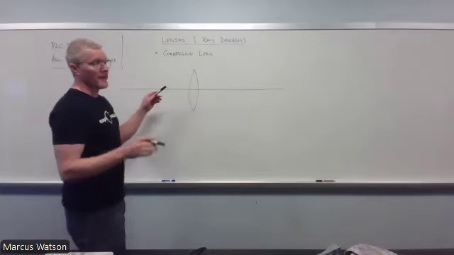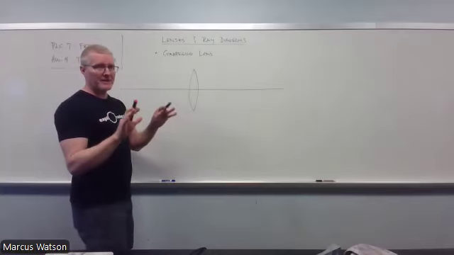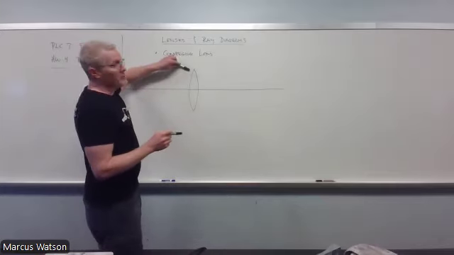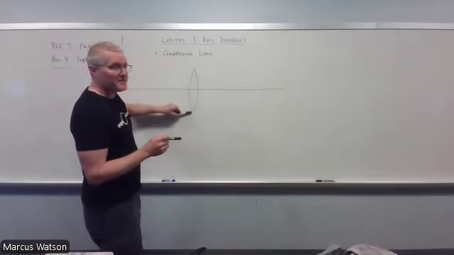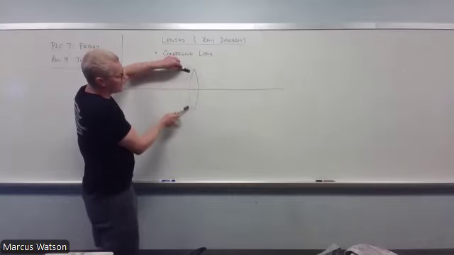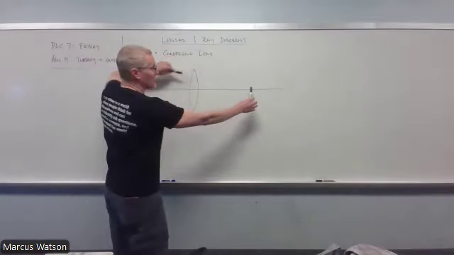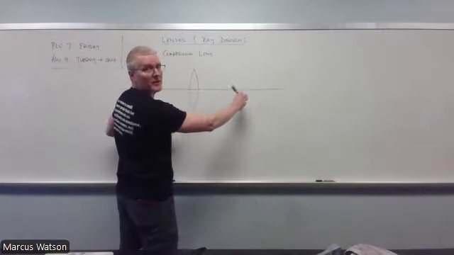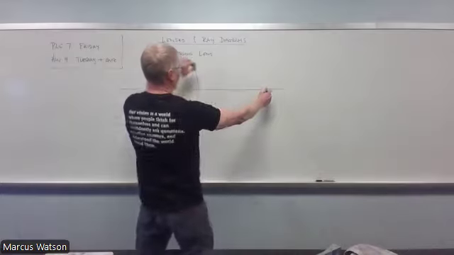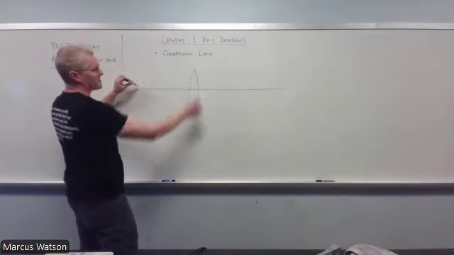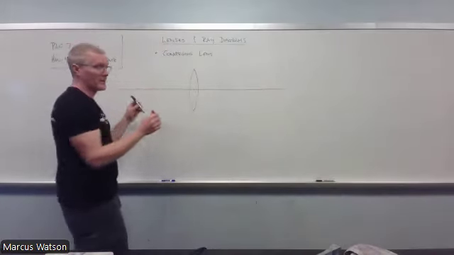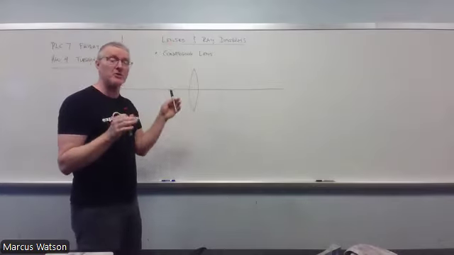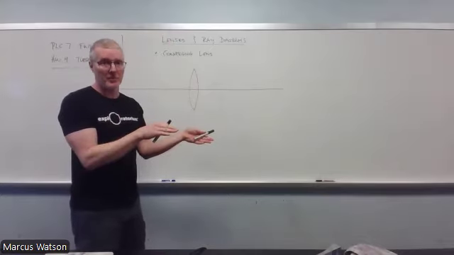Now, I'm going to hold off on a little bit of this particular topic, but if you look at the curved surface here, that would have a radius over here, right? The center point for this surface would have been over here, as if I put a compass there and drew like this. This surface would have had the compass over here, drawing like this. Because each of these surfaces is made from a circle, each surface contributes a focal point.